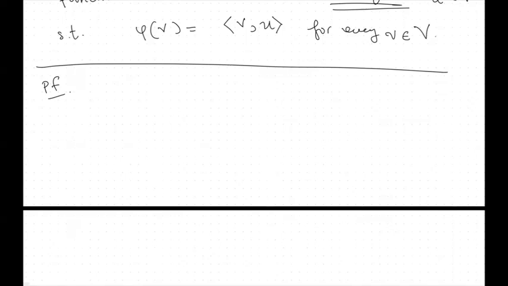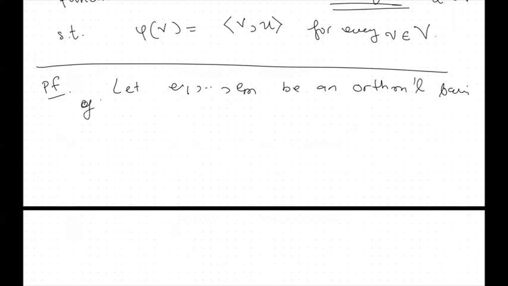So let us consider e_1 to e_m to be an orthonormal basis. Here we are assuming that we have an orthonormal basis. Of course, we can do this by the Gram-Schmidt process.